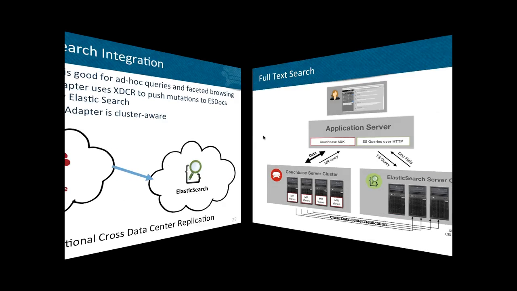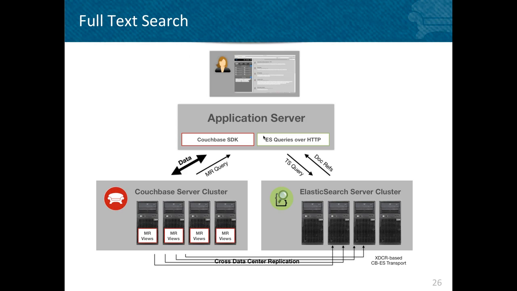What that looks like is the application server at the moment has a connection both to the Couchbase server and to the Elasticsearch cluster. All of the data is stored in Couchbase, whereas the Elasticsearch cluster is just returning references to the documents after you perform a query, which can then be gathered from the Couchbase server cluster. Over time, we will be enhancing this integration and adding a unified SDK and API so you don't have to manage both clusters independently.